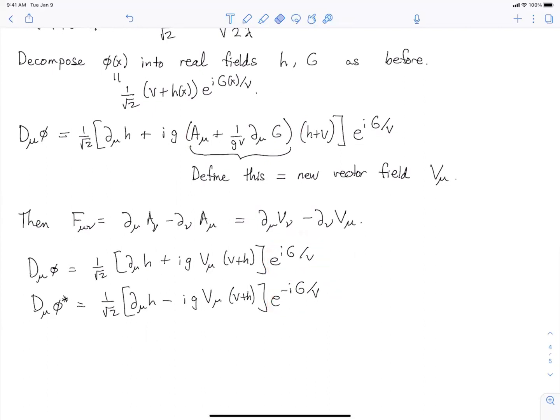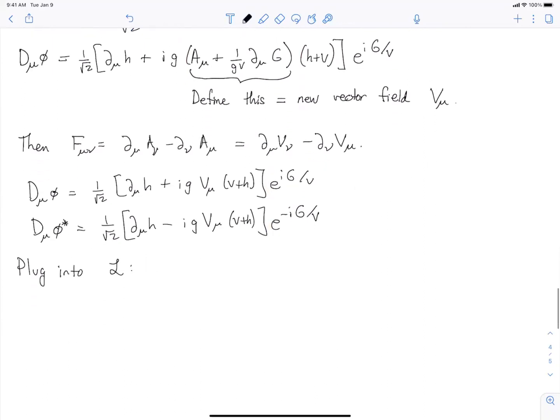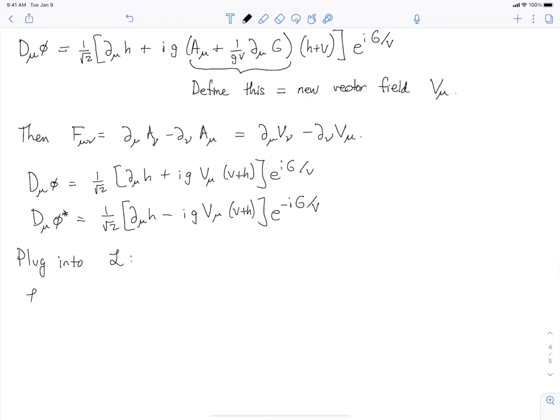And so when you plug all of this into the Lagrangian, here's the final result. The Lagrangian is 1/2 partial mu h plus g squared v plus h squared v mu.